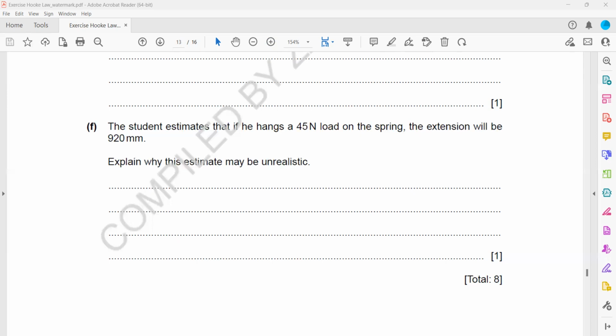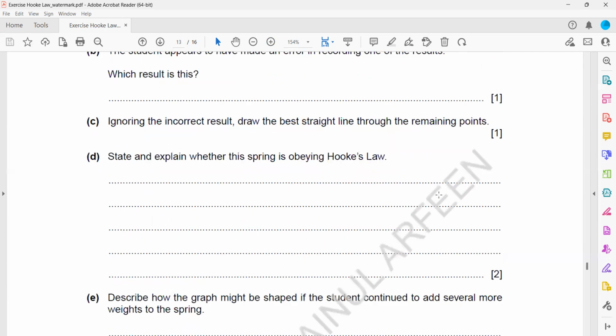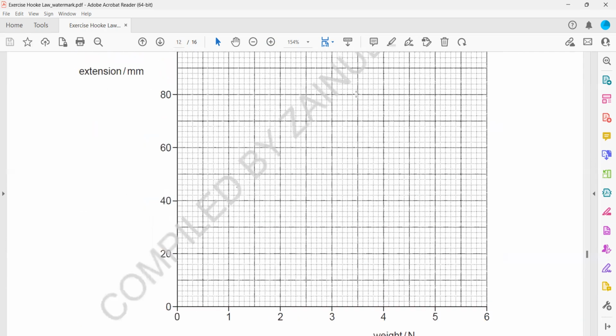Whenever you are making a curve, it should bend towards the extension axis. For a spring, if you have extension on the y-axis and force on the x-axis, first it is obeying Hooke's law, so first it will be a linear part. If they say that it is beyond the elastic limit, the curve goes towards the extension axis.